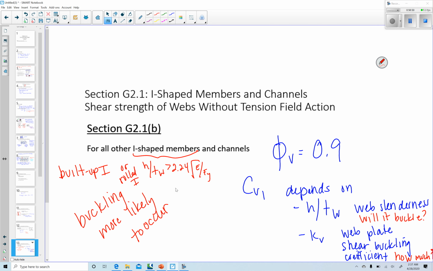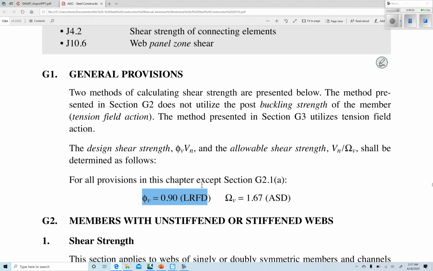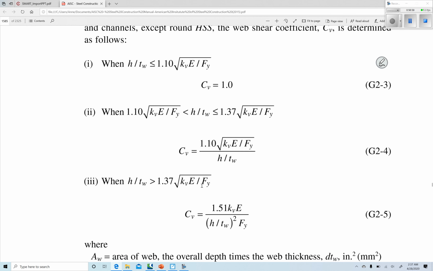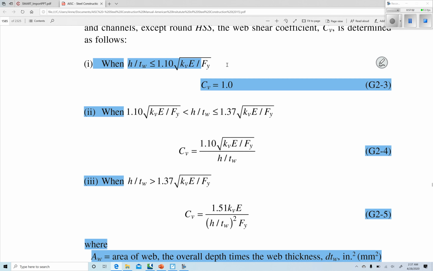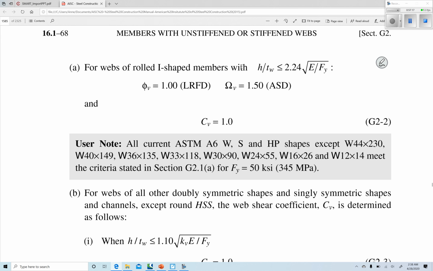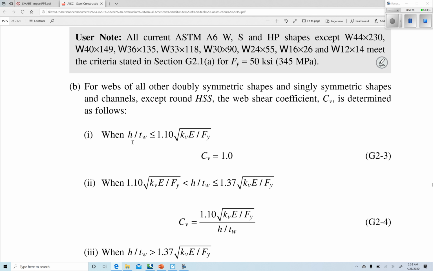So I check on if it'll buckle by comparing my H/TW, right? If it's less than 1.1, but notice I have this KV factor in here, this means it's not going to buckle, and so I get a CV of 1.